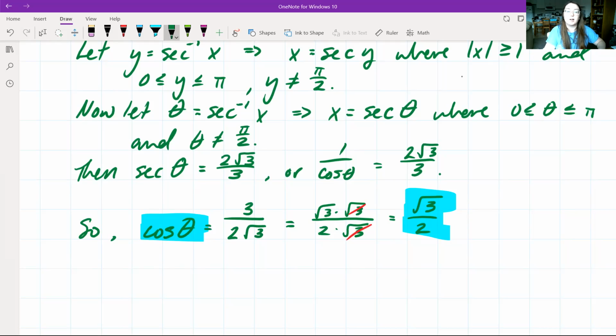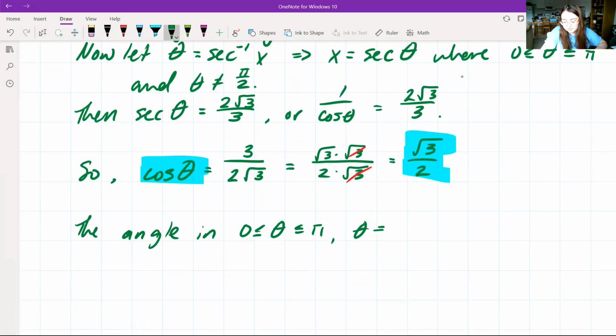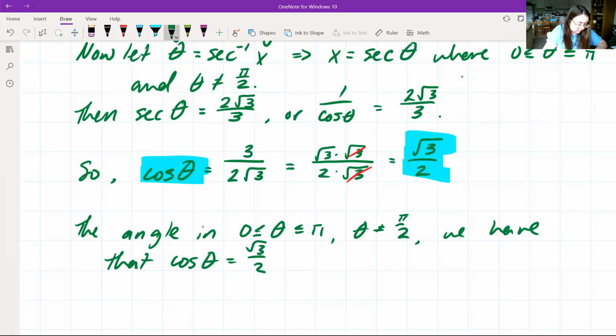We know that there are places where cosine of theta is equal to this value. We see it on the unit circle. So using this, for the angle in the interval 0 to pi, where theta is not equal to pi over 2, we have that cosine of theta is equal to the square root of 3 over 2.